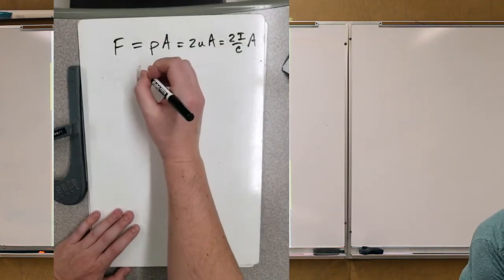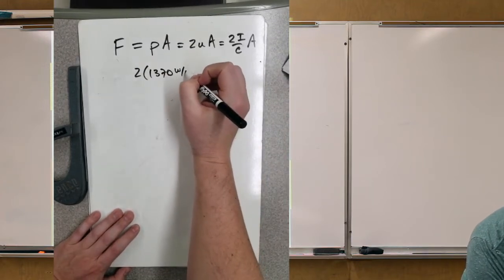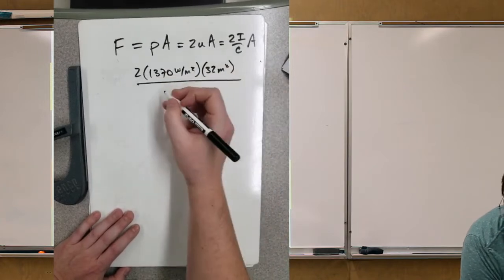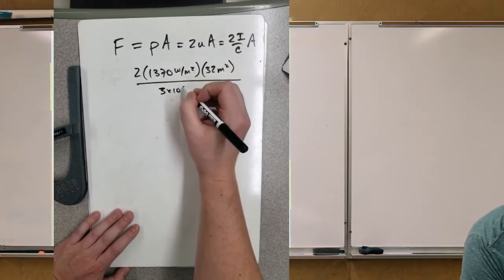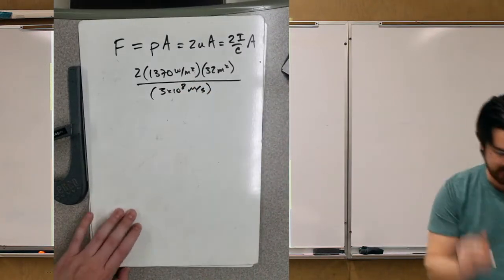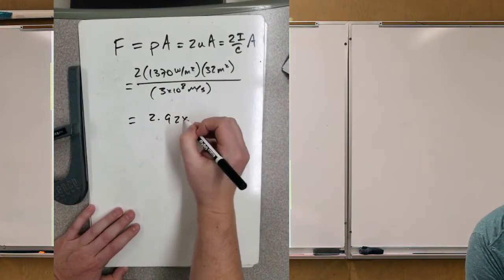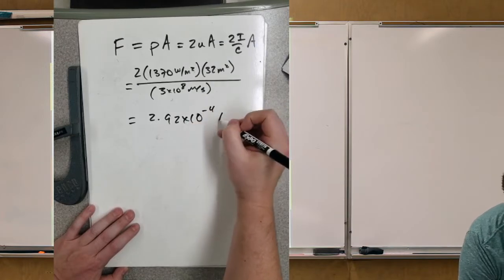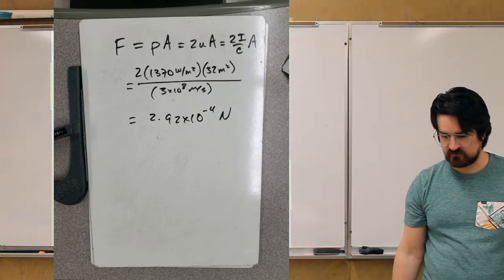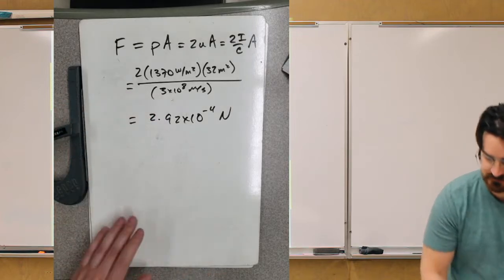Put all these values in, and then we're going to get, what is that? 2.92 times 10 to the minus 4 newtons. So, fairly small, but you might expect that because we're dividing by the speed of light.